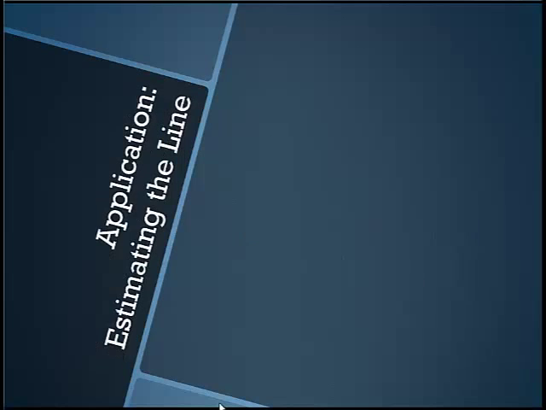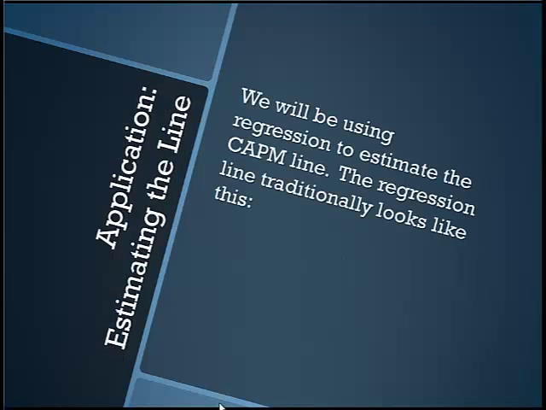Now, the way we're going to use this is what's called a regression line. Regression is a linear statistical method, and it tries to find the best line that fits this formula. Now, this formula looks nasty. It looks like it has nothing to do with the earlier formula.